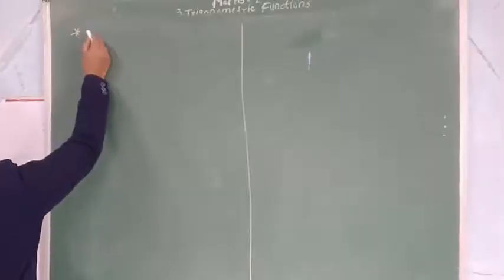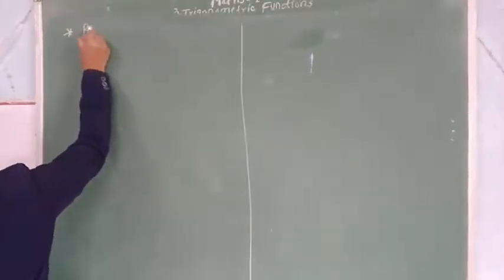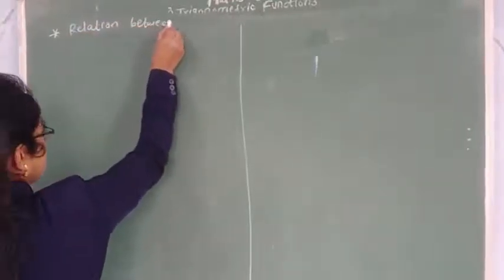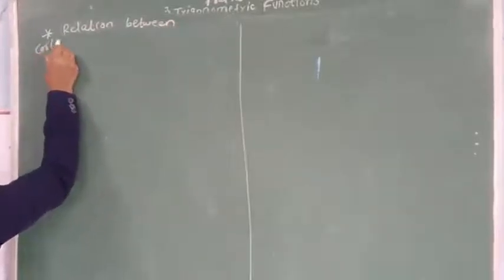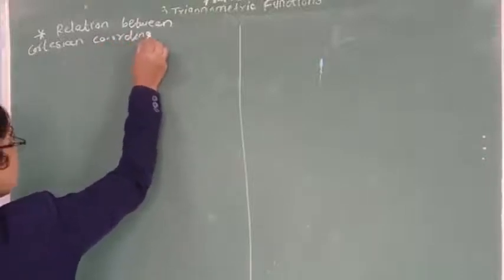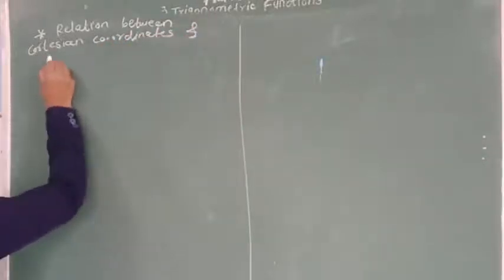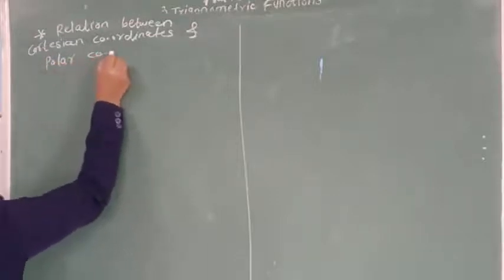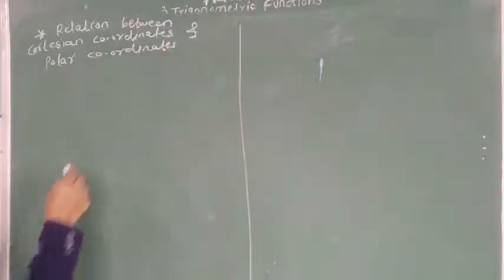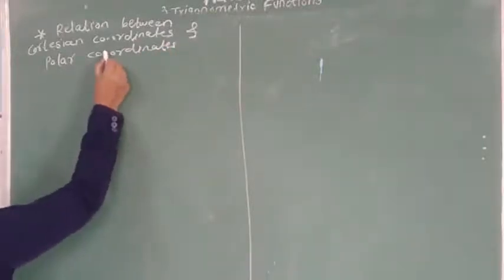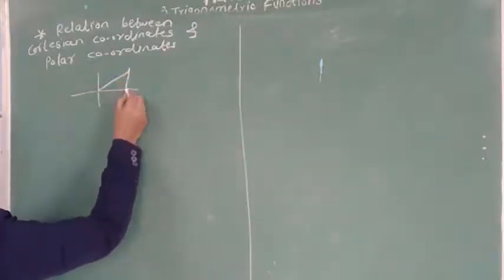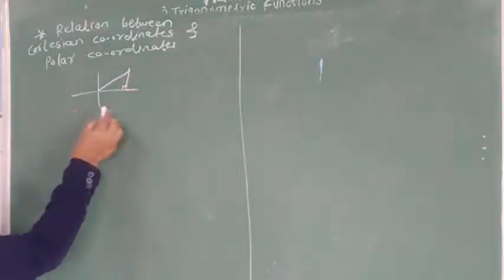Now the next topic is the relation between Cartesian coordinates and polar coordinates. Cartesian coordinates means the xy axes, and polar coordinates means in terms of r and theta. In 11th we saw the relation between Cartesian and polar coordinates.